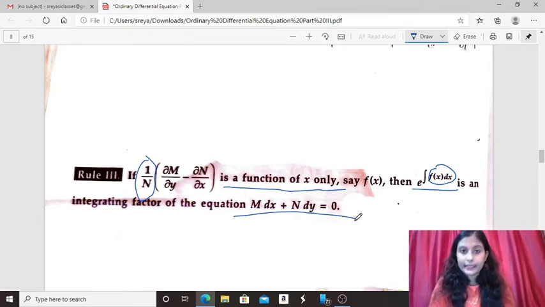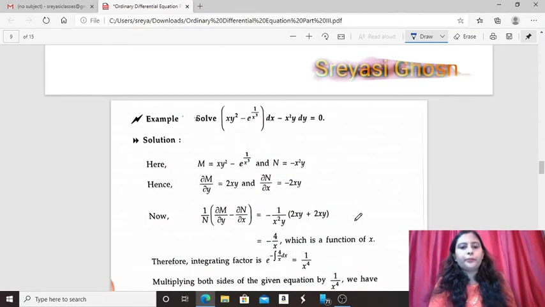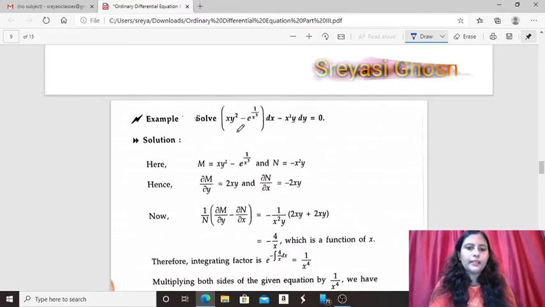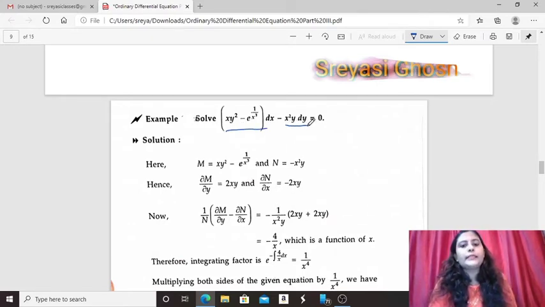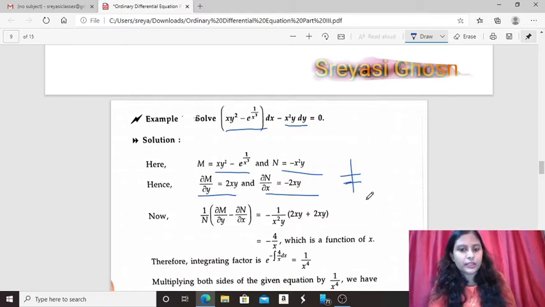Let's quickly see an example of this form. The equation states that (xy² − e^(1/x³)) dx − x²y dy = 0. Since this is the M, this is the N, calculating ∂M/∂y and ∂N/∂x, we see that they are not equal, right? So obviously we need to find an integrating factor.